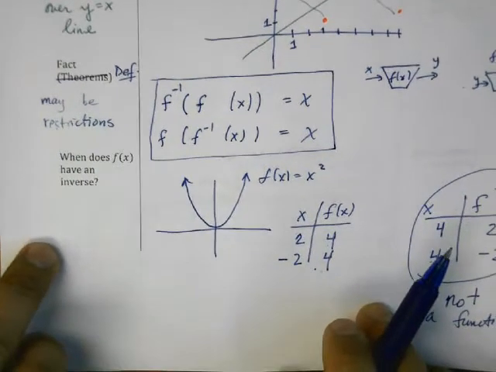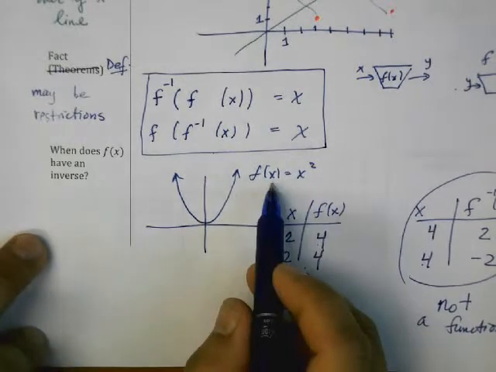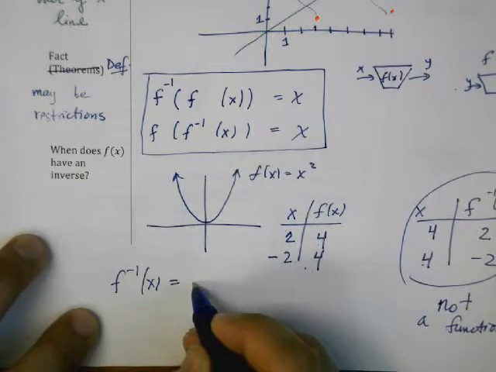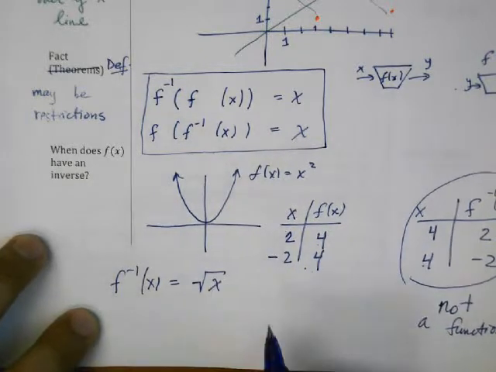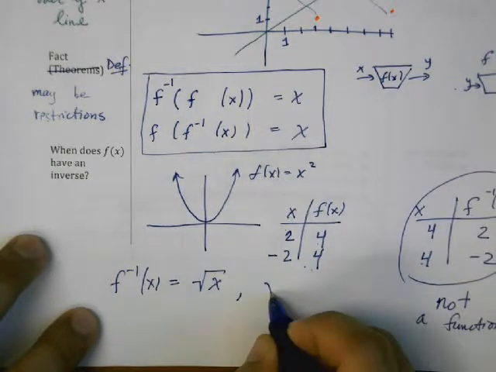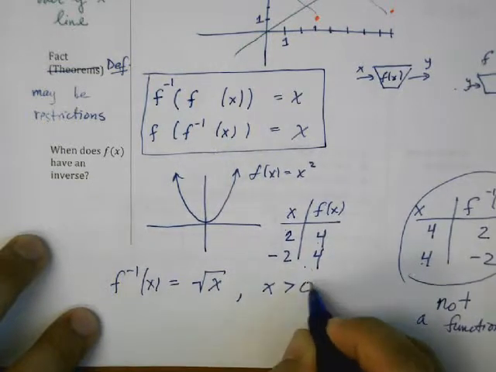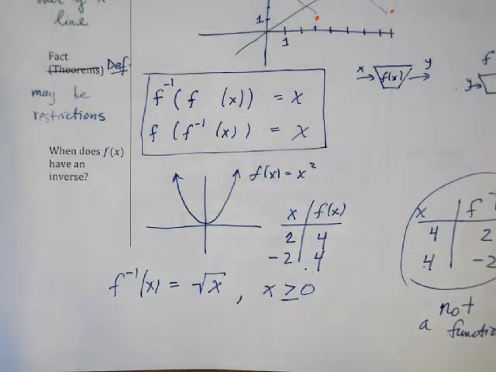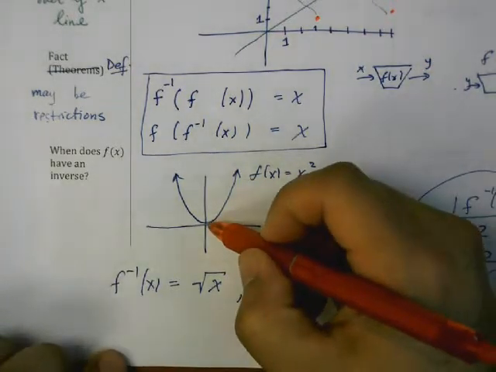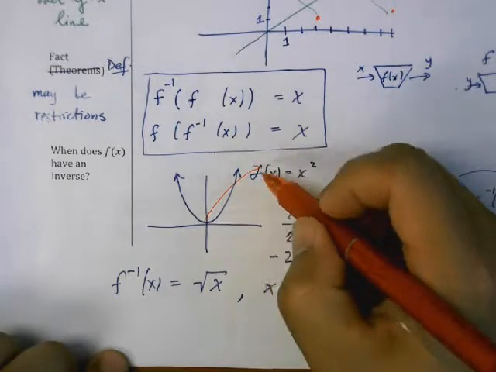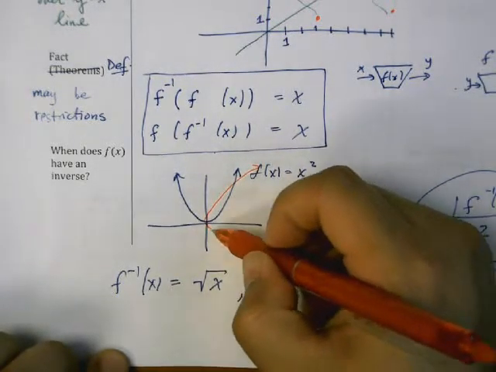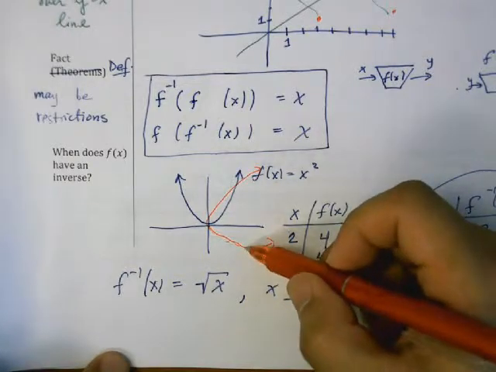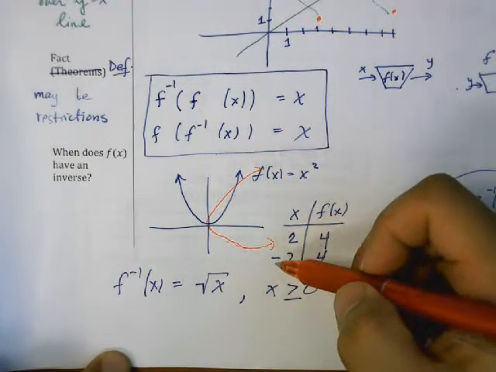So the inverse of this function, f inverse, is in fact the square root of x. However, the restriction here is that x has to be positive, or equal to 0. If we were to take this graph and reflect it over the y equals x line, we would get this picture. But we know this is not a function because it fails the vertical line test, this red graph that I've drawn here.